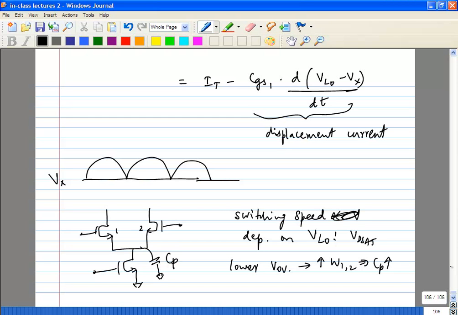What happens when CP increases? You are trying to apply the RF signal here. RF current flows like this. You want it to flow either here or here, but now you are giving it a low impedance path to flow here. You don't want that. Some of the signal is lost, so your conversion gain will reduce, which means your noise figure will increase.